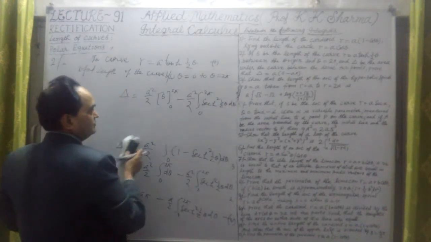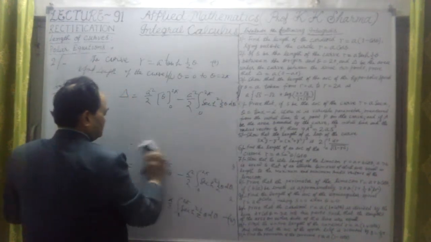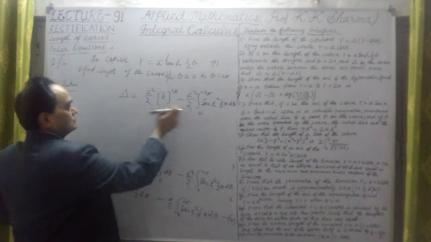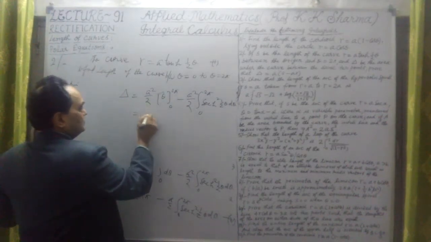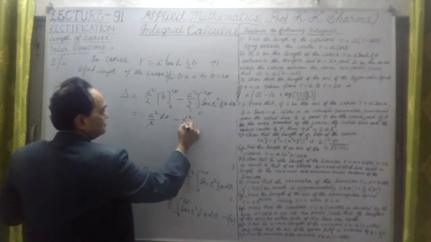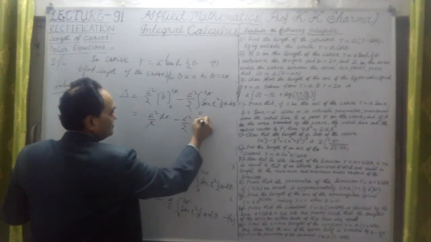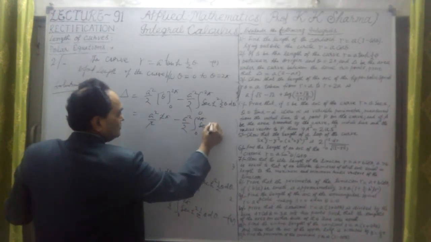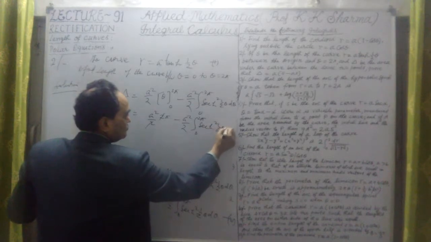Now what do we see here? This theta is 2 pi, so it is a square into 2 pi upon 2 to cancel out, minus a square upon 2, 0 to 2 pi into sech hyperbolic square 1.2 theta d theta.